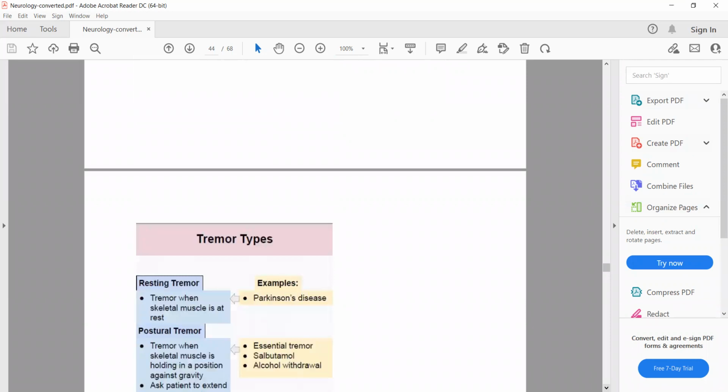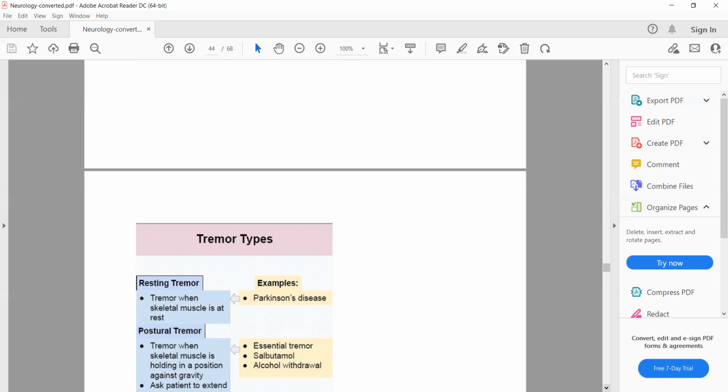Yes, these postural tremors, the essential tremor and action tremor, are they types of postural tremors, or is postural tremor separate? Essential tremor is a condition or an example of a postural tremor. Right.